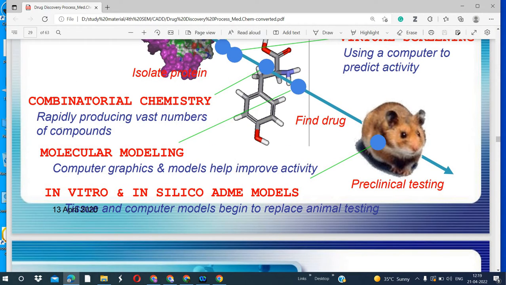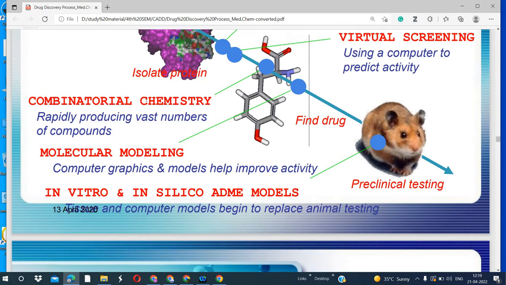Combinatorial chemistry is one branch in which we use different combinations of chemicals and produce different types of drugs. Like, we use two chemicals and produce a third type of drug, like using A and B as reagents to produce the products C and D. Then C and D can be combined again with different molecules.